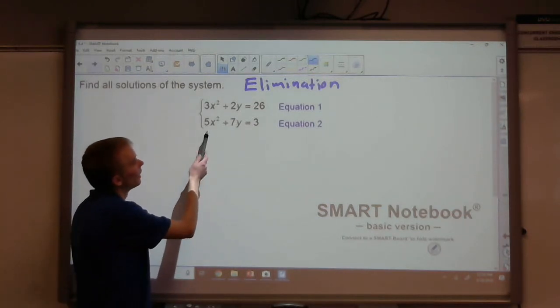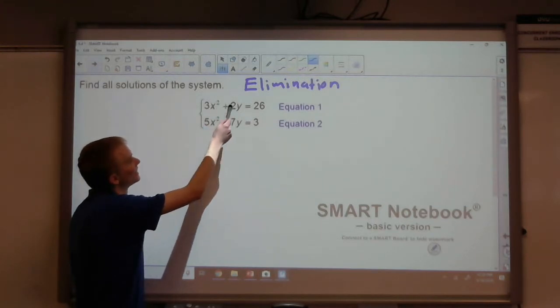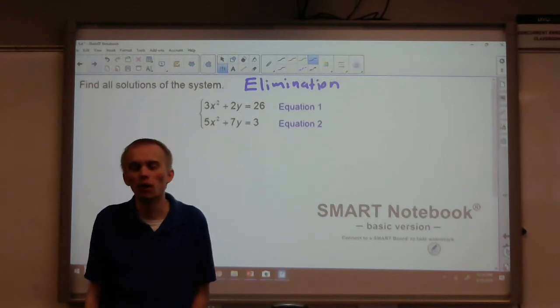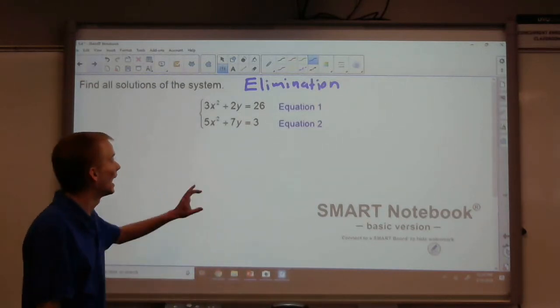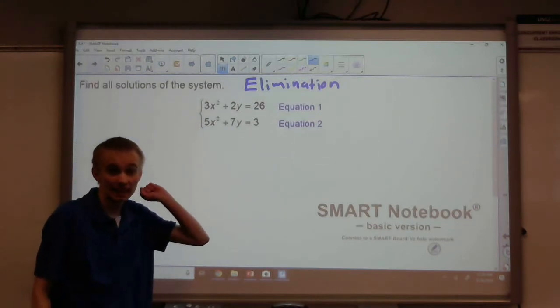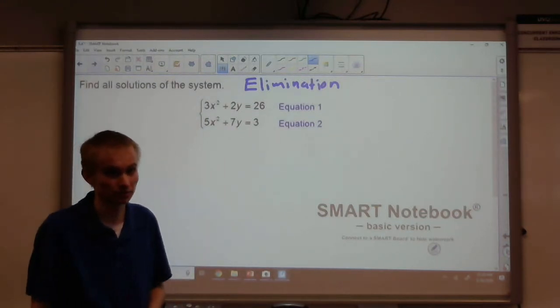This one, elimination, will work because I have the same things on both equations. So it won't get too messy when I try and combine these equations together to get a new equation, right?